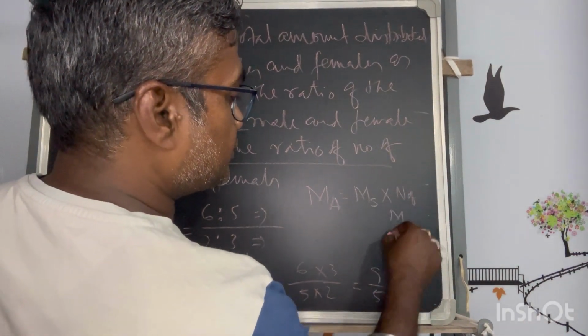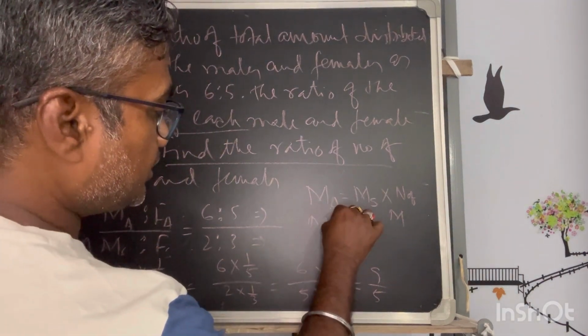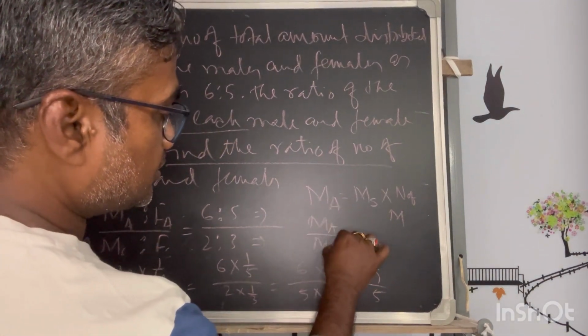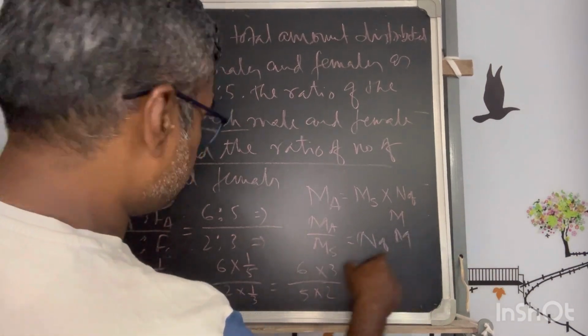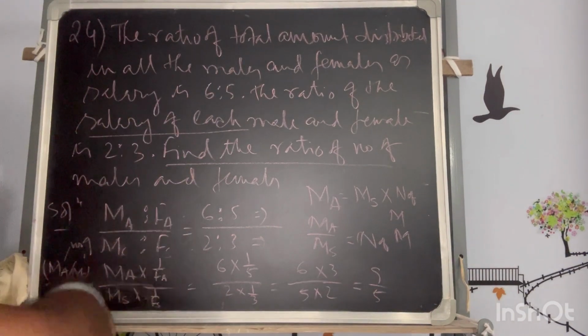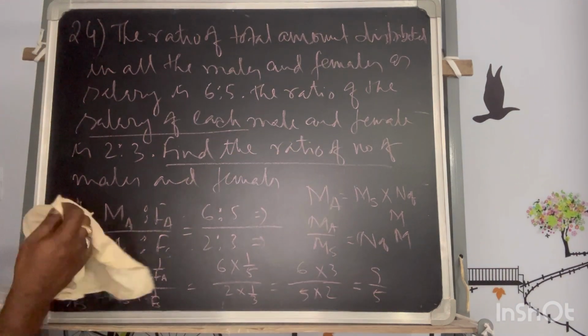This will be the equation. Now if I divide this MA by MS, it tells you the same thing, the number of male. As female is coming in the denominator, this can be turned into the number of females. So this is the ratio we need. This is the direct method of doing that. Okay.